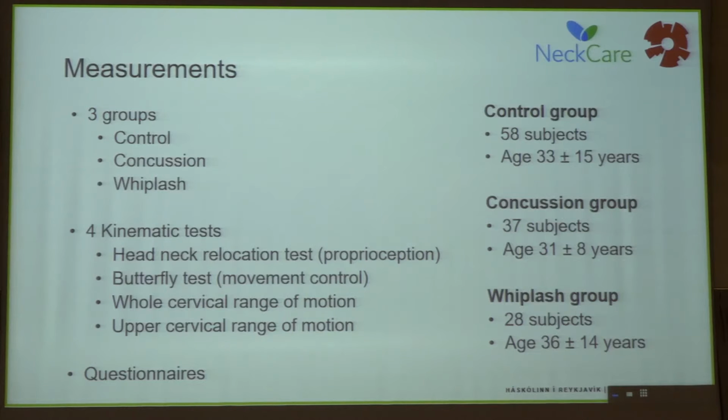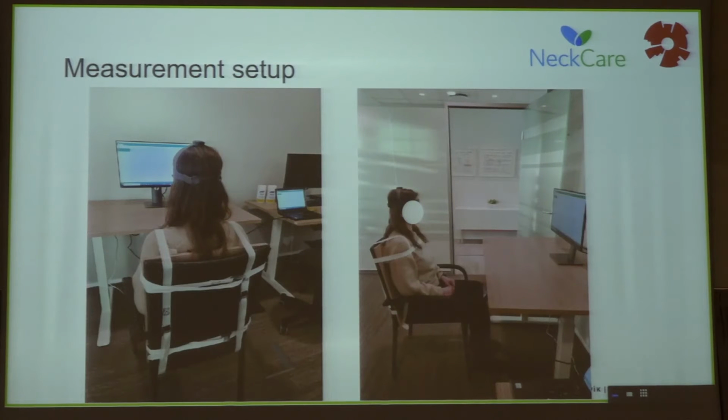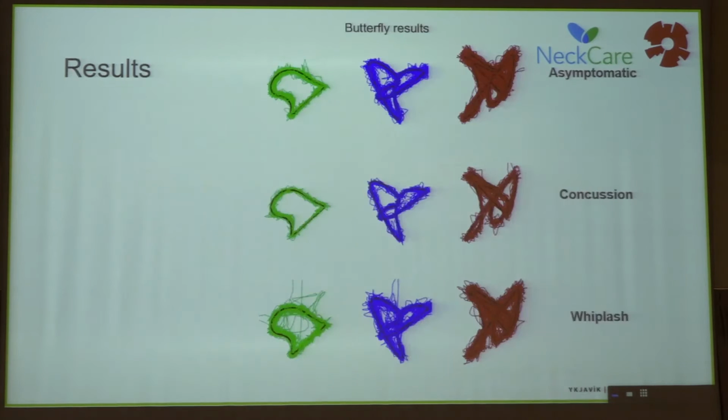There you can see the demographics of the groups. Here's the measurement setup. We used these straps to be absolutely sure that there was no torso movement, because that's obviously going to influence the results. So the people were strapped in.